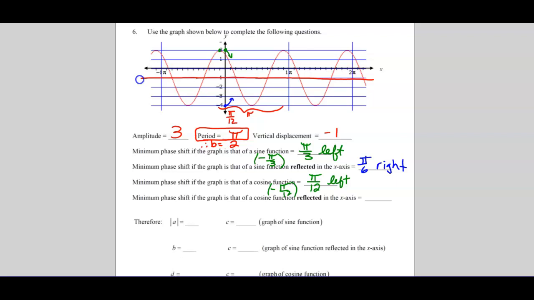So where's the closest up and to the right from a minimum is here. How many grid markings? 1, 2, 3, 4, 5. Looks like. Yep, 5 out of 12. So 5 pi over 12 to the right, or positive 5 pi over 12.